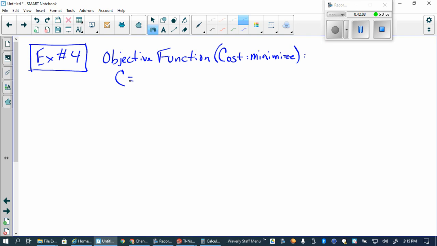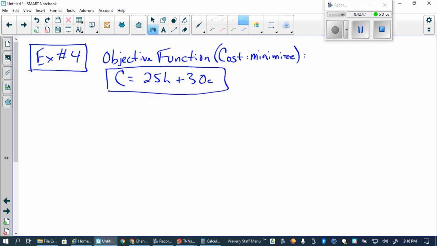What's the cost for the hots? 25H plus what? $30 for every cold one made. This is our objective function.